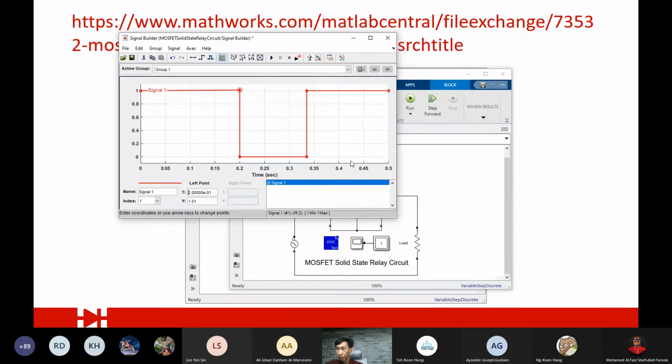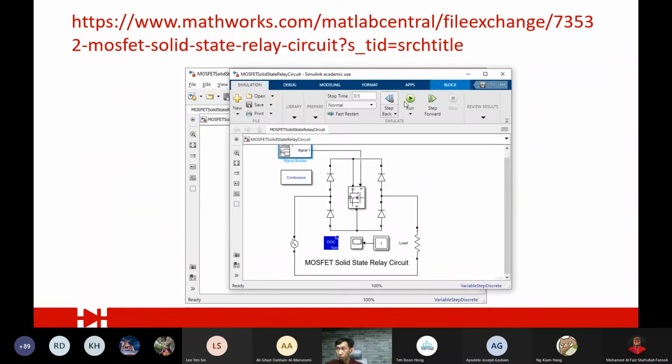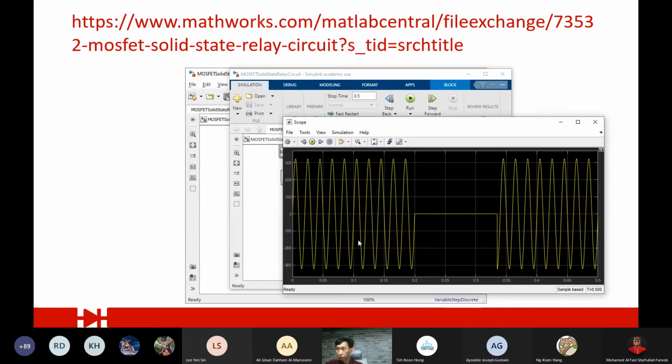If it's changed already, I think we need to save it, and then you run it again. Then it will be on a little bit longer, until 0.2 seconds.